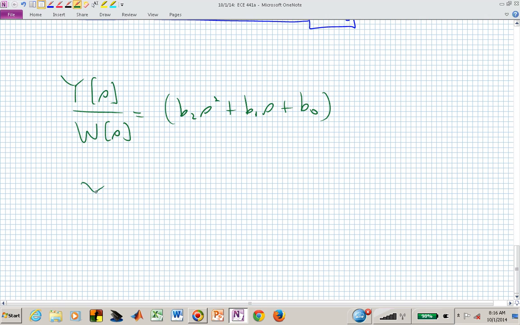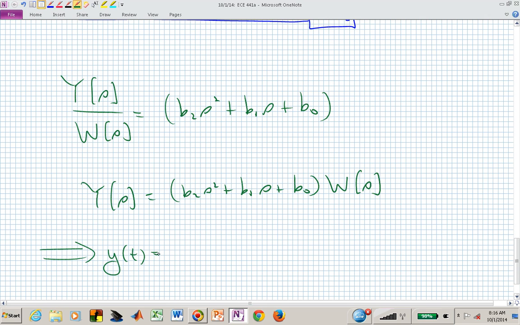Well, hopefully it's clear that I want to turn this into just one polynomial relationship in terms of y's and w's. With that, I can now inverse Laplace transform, and y(t) now becomes b sub 2 w double prime plus b sub 1 w prime plus b sub 0 w(t).